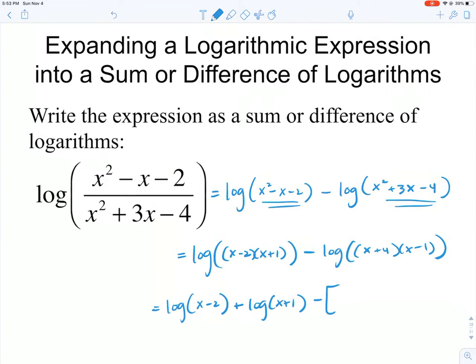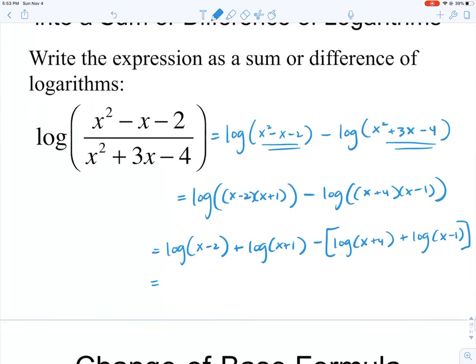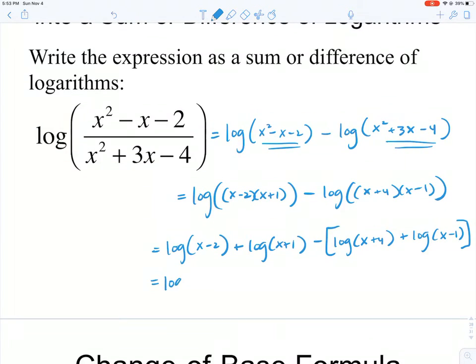And you need to be careful. So I'm going to do minus the sum of logarithms. So log of x plus 4 plus the log of x minus 1. And then distribute that negative. And we're done.